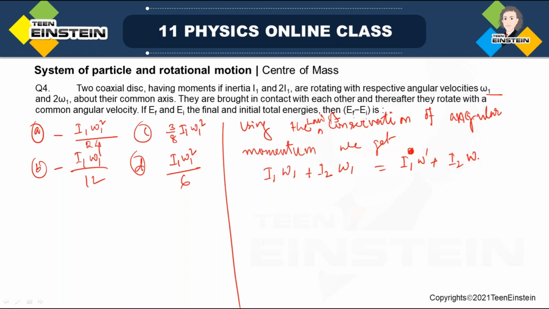So this is from the law of conservation.